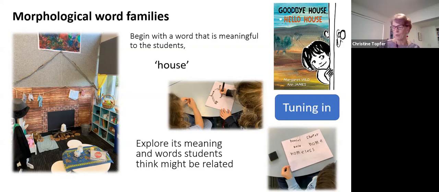It was the building where someone lives, and that home, in contrast, could refer to either a building or to any location that a person thinks of as the place where they would live, and that belongs to them. So a home can be a tent, it can be an apartment, it could be a boat, or it could be a house, it could be a cave. So there was a lot of exploration around meaning as they were tuning in before they moved on to actually exploring the morphological word family.